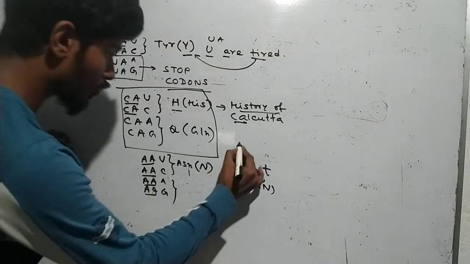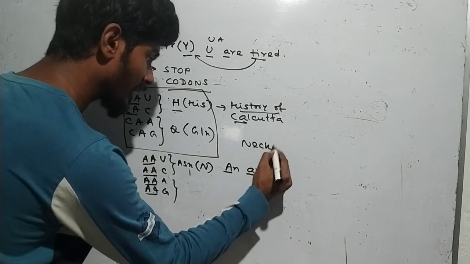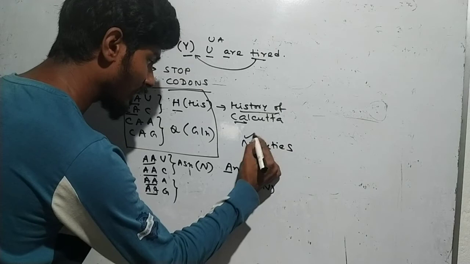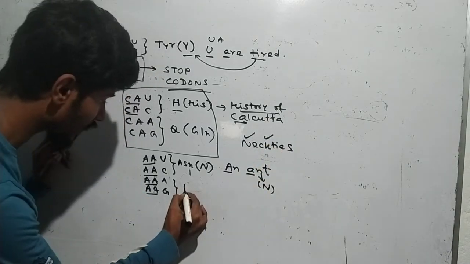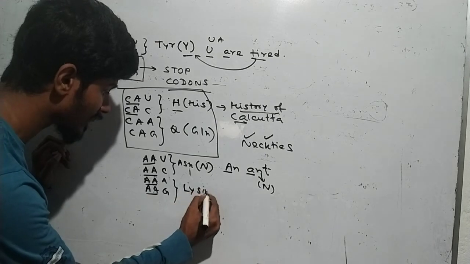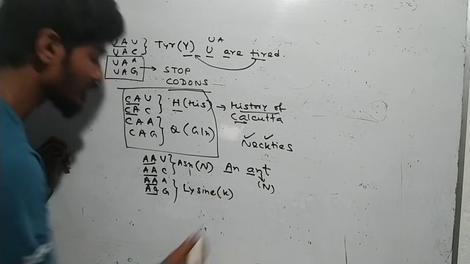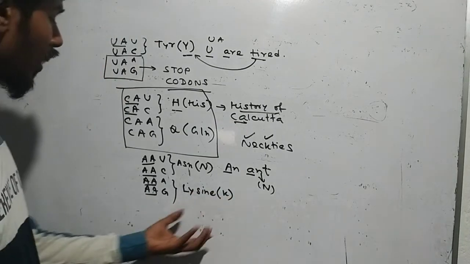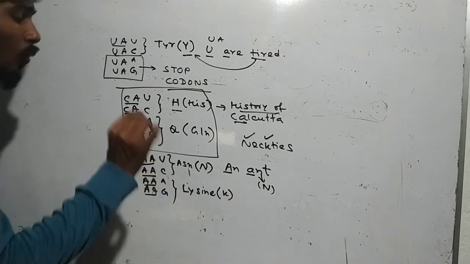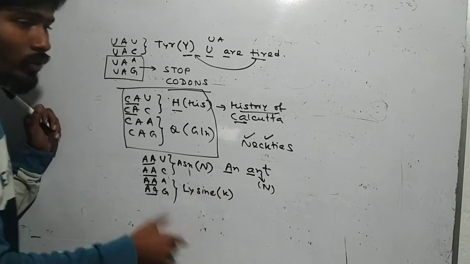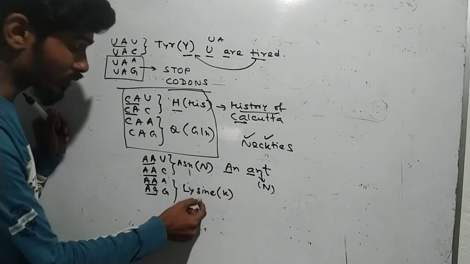neckties. So if you talk about the word neckties, you have N and you have K. K for lysine. Okay, so K actually stands for lysine, and you may wonder why this is so, because you have leucine and it has the one letter abbreviation of L. So we cannot give L to this amino acid.